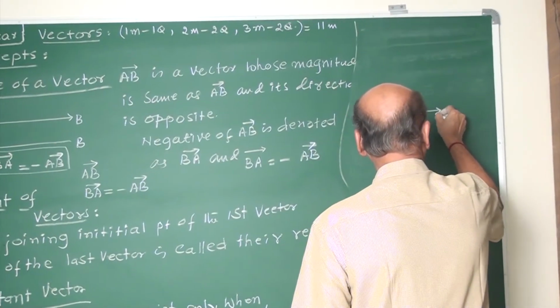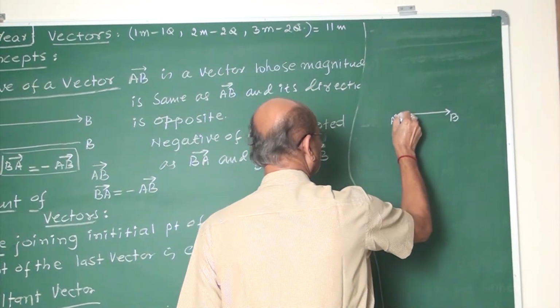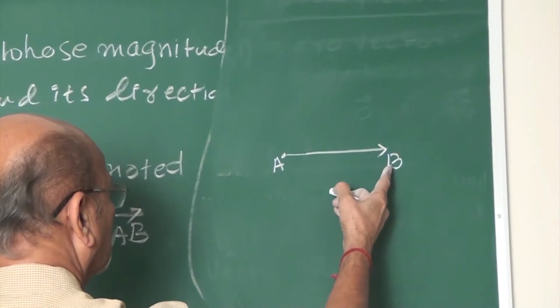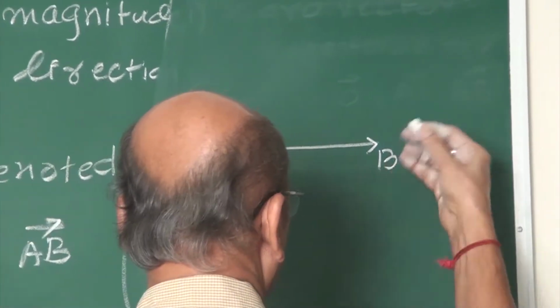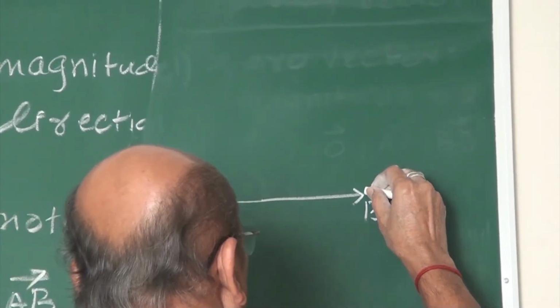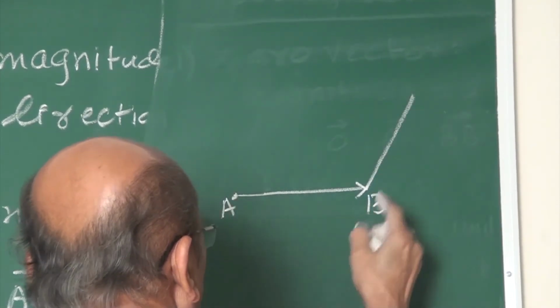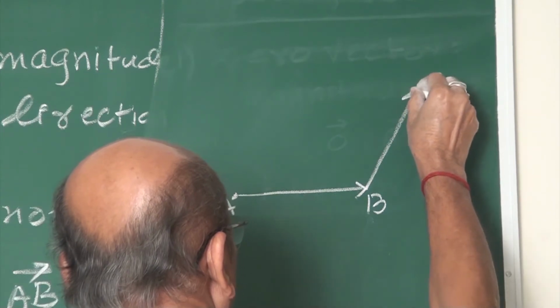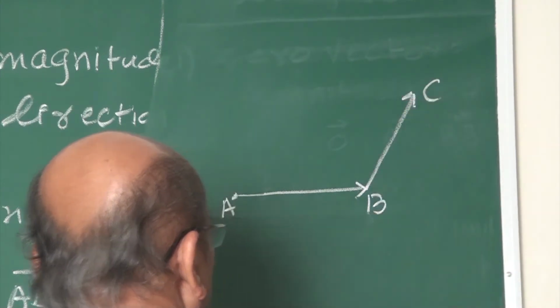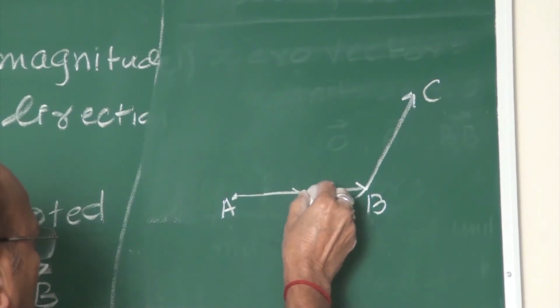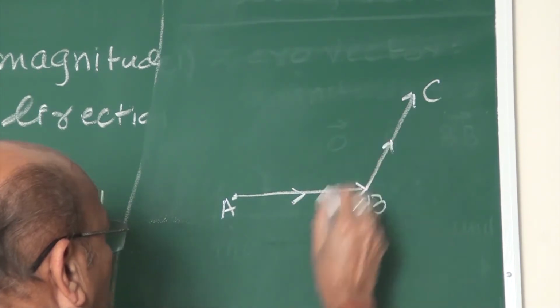The end point of the first vector. This is initial point. This is end point. Then, your resultant exists only when, for the next vector, this must be initial point and this is the end point. See my friends, these are two vectors. AB is one vector and BC is another vector.